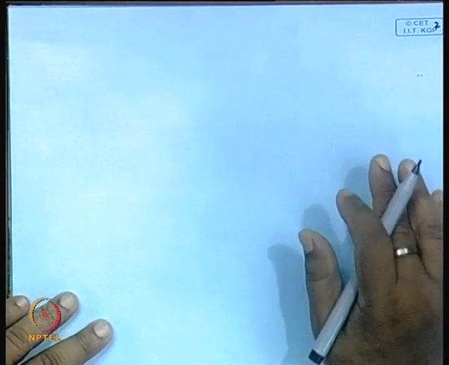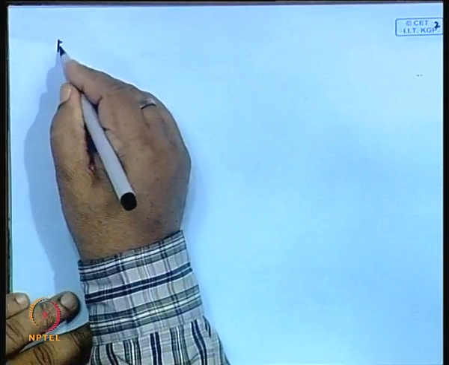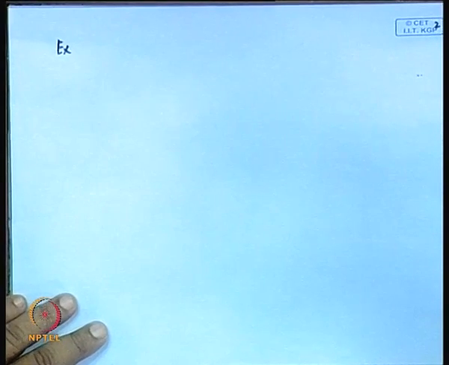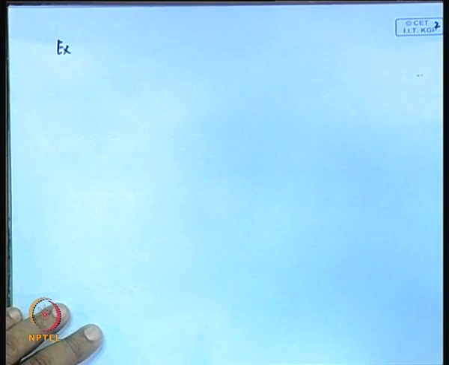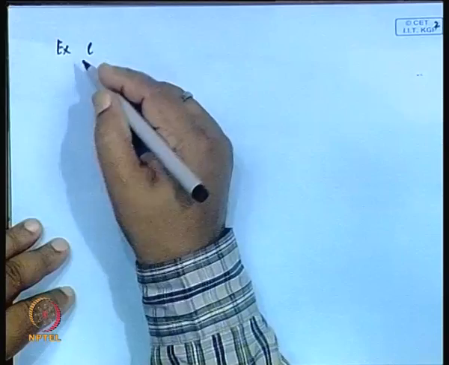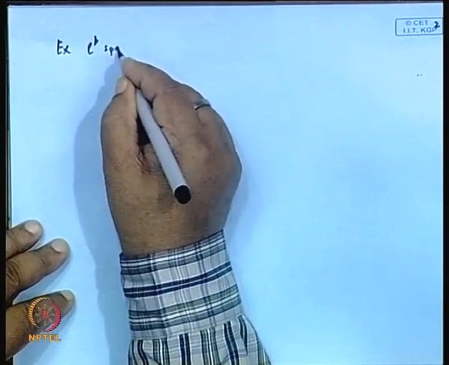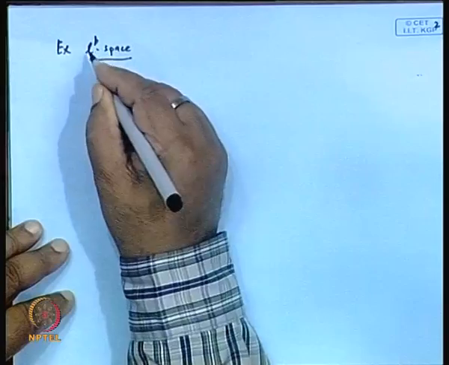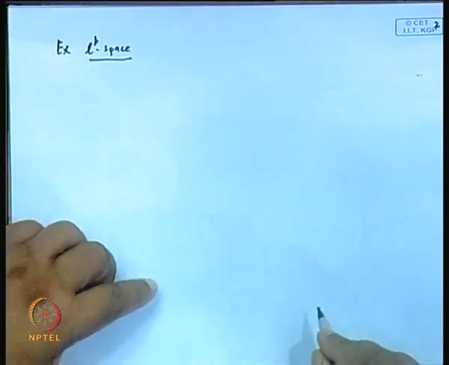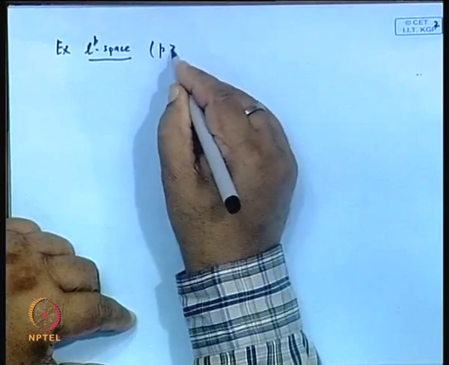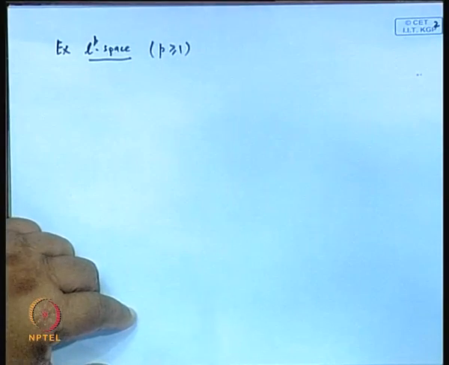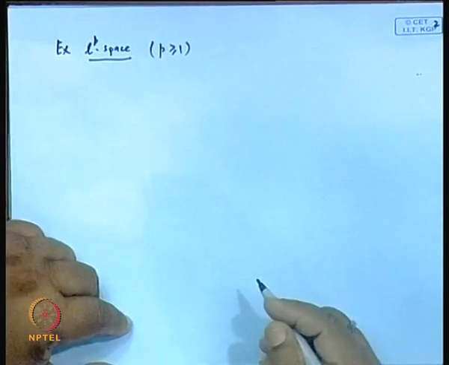We will now go to another example of a sequence space, which requires the use of the Minkowski and Holder's inequality, and that space is the L p space, which is also a metric space under a suitable metric d, where p is greater than or equal to 1. What is this L p space?